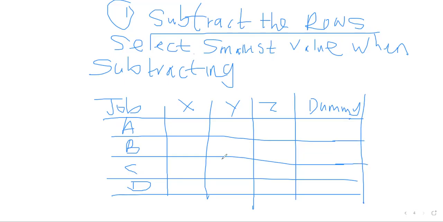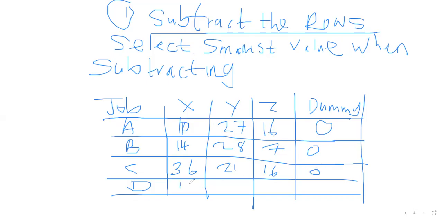It will still be 10, 27, 10 and 0, 14, 28, 7 and 0, 36, 21, 16, 0, 19, 31, 21 and 0.